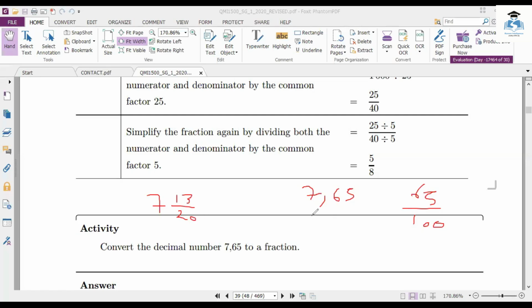But you can also simply do 1, 0, 0. So it will be 765 over 100. Then obviously it will give you back to this. But if you are using your calculator, let's say you punch 7.65, you see it.